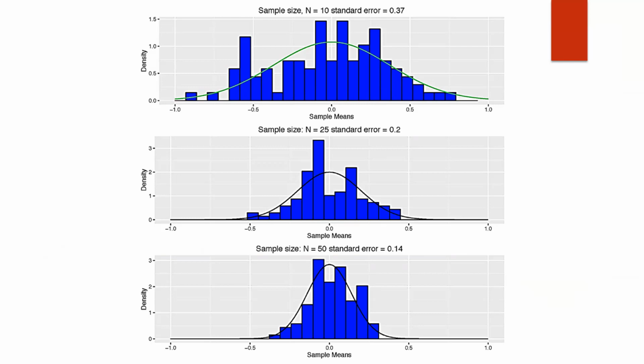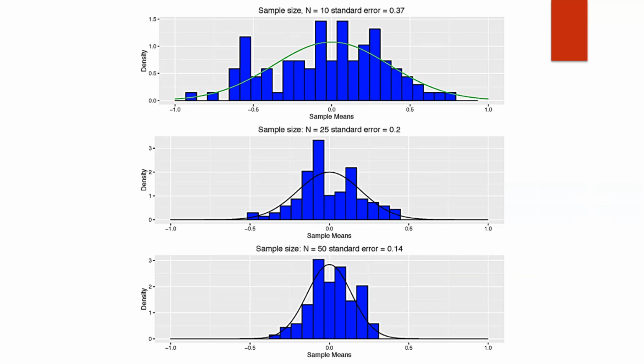Now look at the shape of these histograms, how they get more and more normal, right? The bars are more and more following the shape of a normal distribution. Most of the data in the center, few in the tails, the bigger your sample gets. That's what you want. A bigger sample will look more and more normally distributed like that.